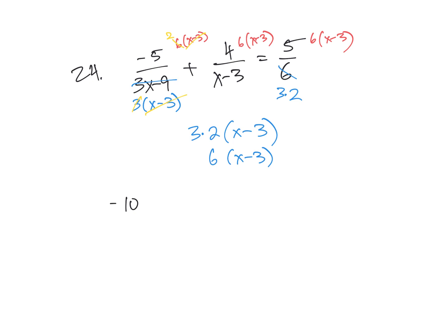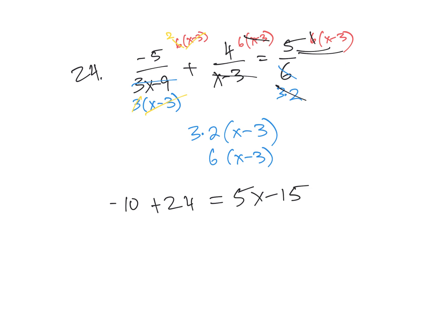All right, so on the second one here, again, the x minus 3's reduce out, and I'm left with a 6 times 4, so that's 24. On the right side, the 6's reduce out, and then I have a 5 times the x minus 3. So we need to distribute that. That's 5x minus 15. Who got that far?